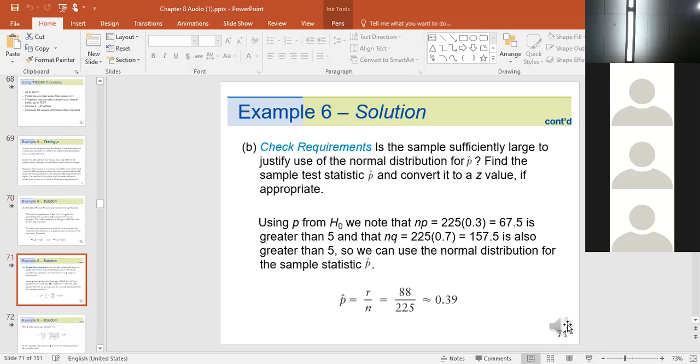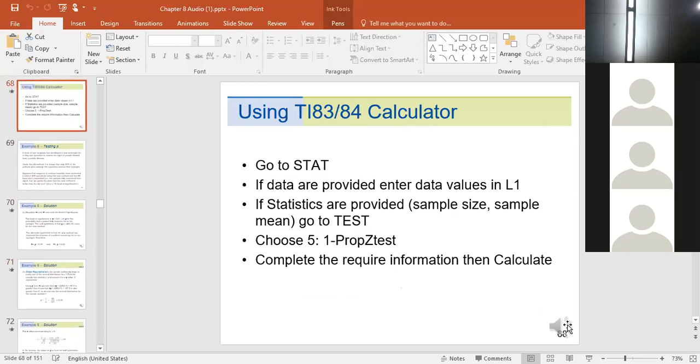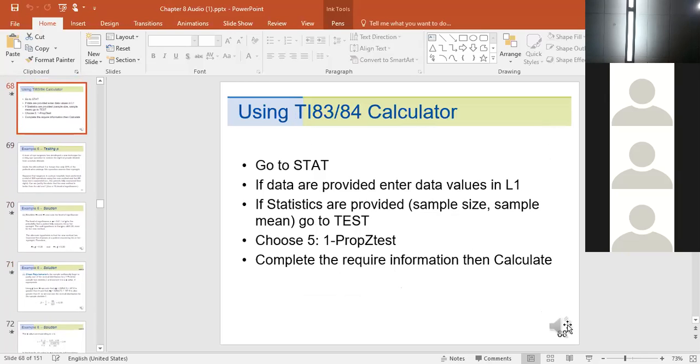So let's go to the calculator. You will go the same way: start, test, one proportion Z test.